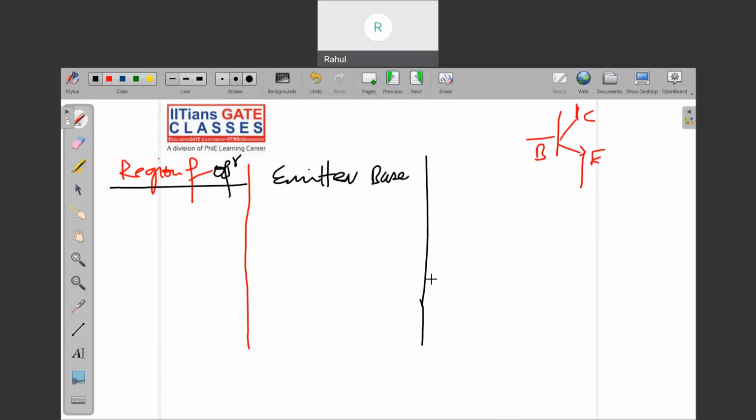Depending upon the emitter base junction and the collector base junction, the transistor operates in different regions.